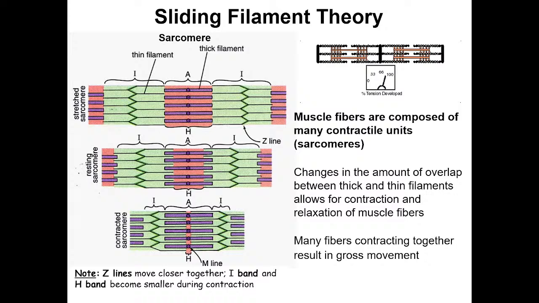Because of that, the I band and H band become smaller. Can you appreciate that? Here also, see, the I band has reduced, even the H band has reduced, there is no change in the actual A band. So that is what happens, and because of the sliding of the thin filaments, contraction takes place. Any doubt in this?